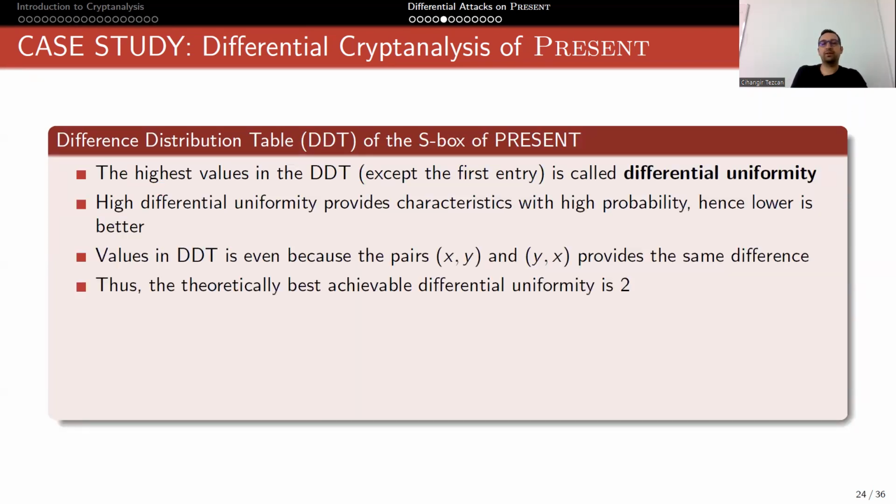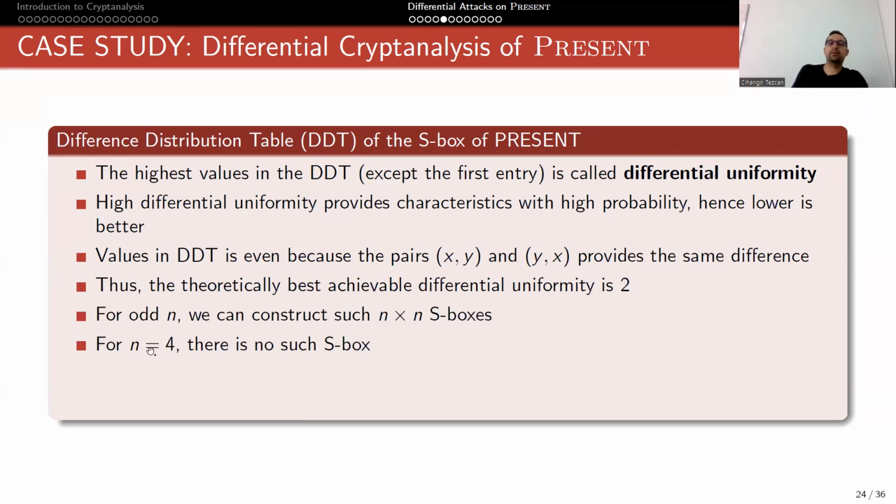This led to the idea that there is no even n where you can have differential uniformity 2, because even AES has a very nice 8 by 8 S-box, but it is 4-differential uniform, not 2. So people thought that there isn't such an S-box. But in 2010, Dillon found a 6 by 6 S-box, constructed in a very nice mathematical way, which is 2-uniform.